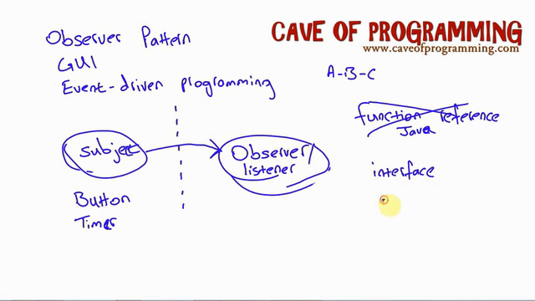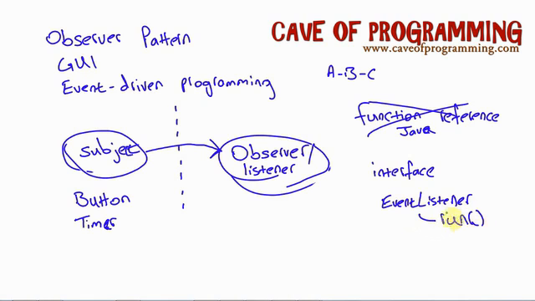Let's call it event listener. It could be called event listener, and that interface specifies one method. The whole point of this interface is to say that whatever class implements it must have one particular method. Let's say it's called run.